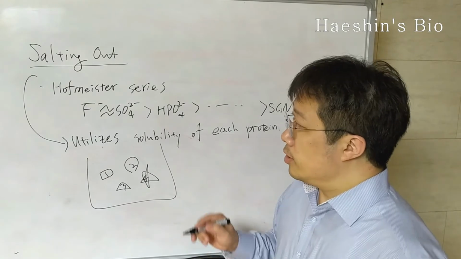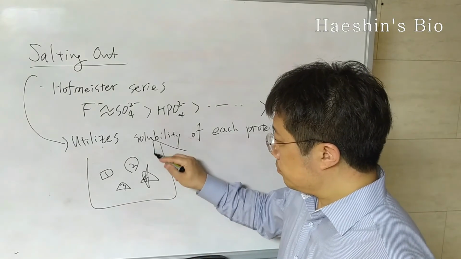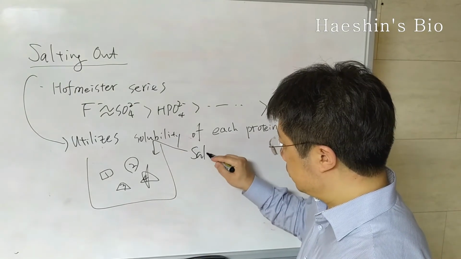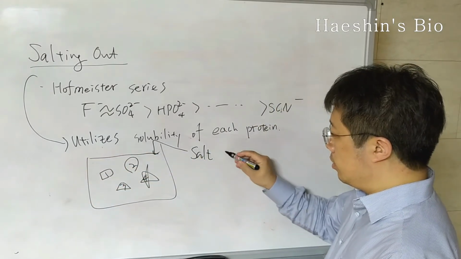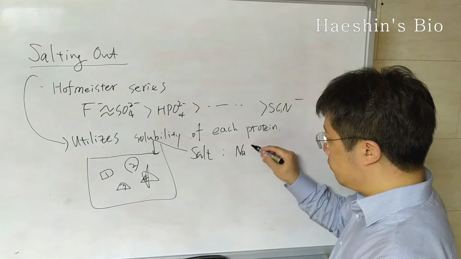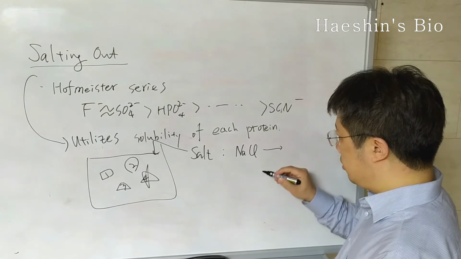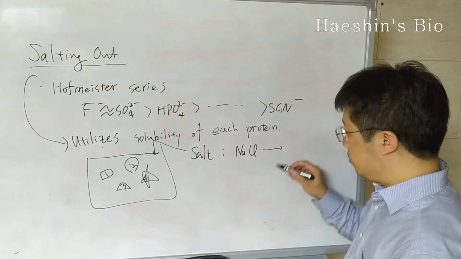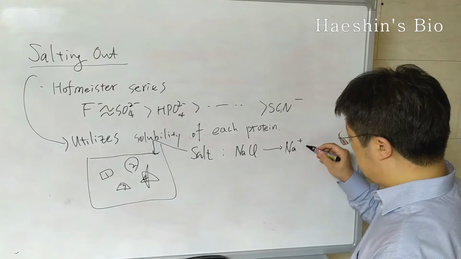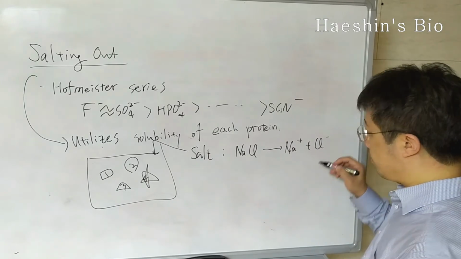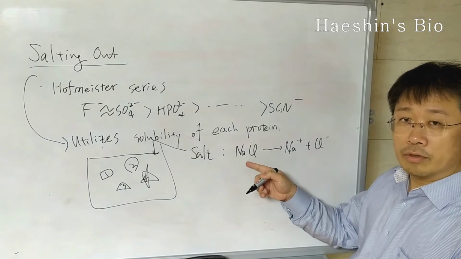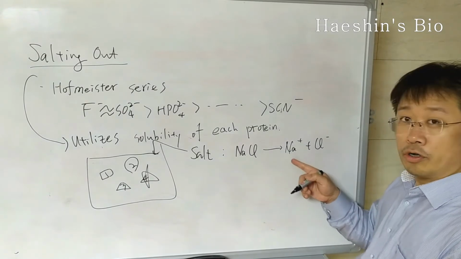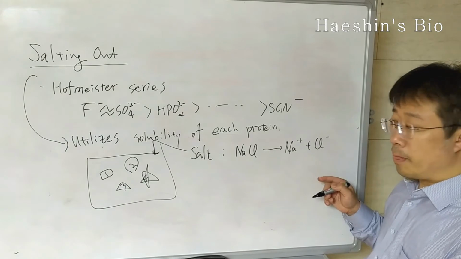So how do we do it? Now we put salt simply in the solution, right? The representative salt is sodium chloride, with 100% ionization into Na plus and Cl minus. If you dissolve 1 molar sodium chloride, then you get 1 molar of each ion in the solution.